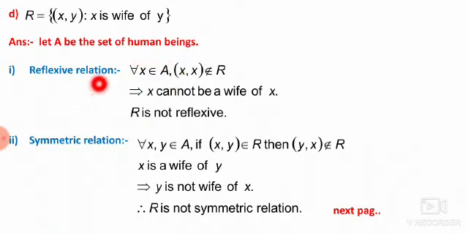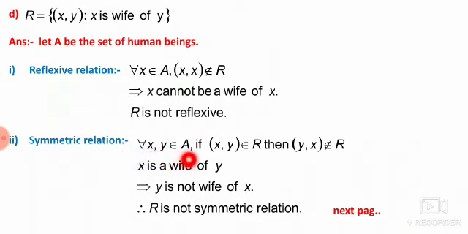Now to define the reflexive relation, we need one human being. For all x belongs to A, x comma x does not belong to R, because x cannot be a wife of itself. That is, x cannot be a wife of x. Therefore, R is not reflexive. Symmetric relation.